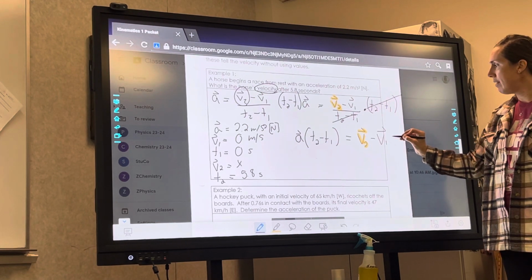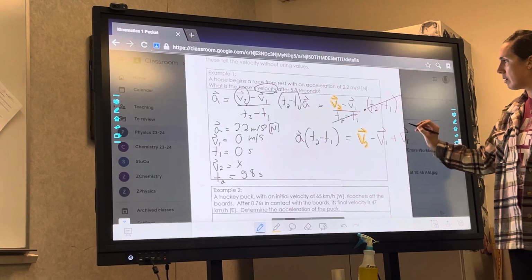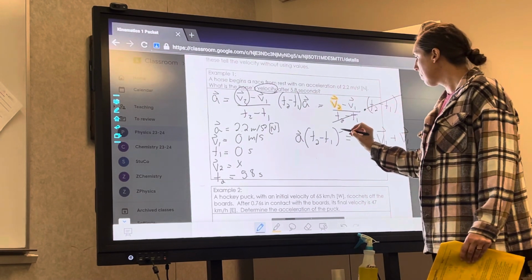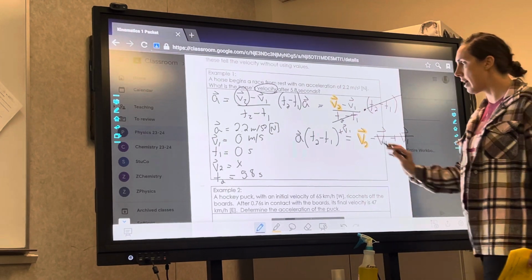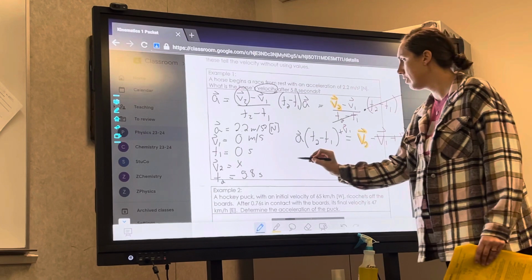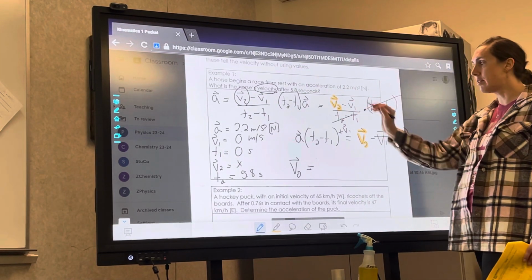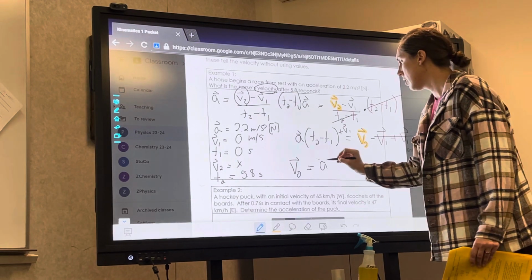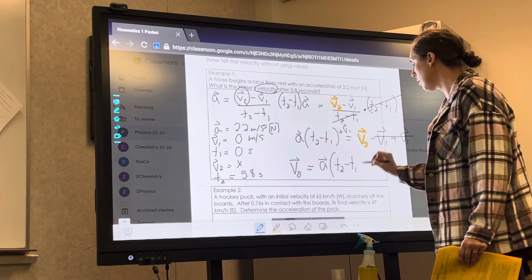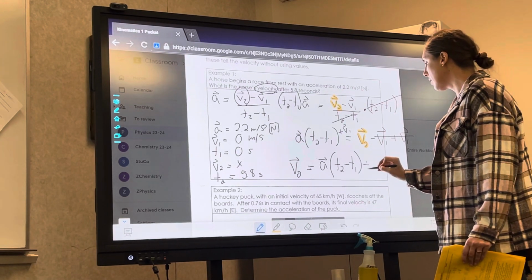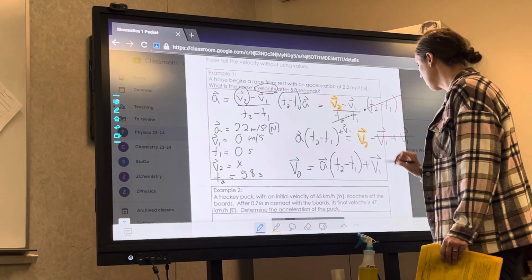So I want to add plus V hat 1 over here. That gets rid of that there. So if you wanted to solve for V2, you just put it by itself, and now it becomes acceleration times T2 minus T1 plus V1.